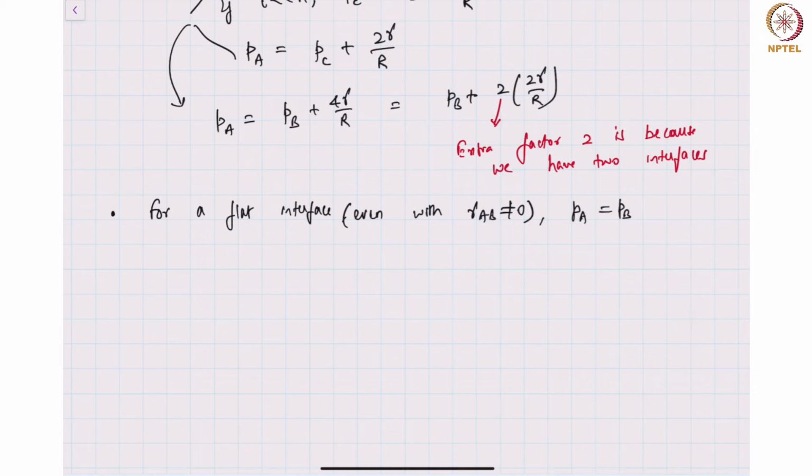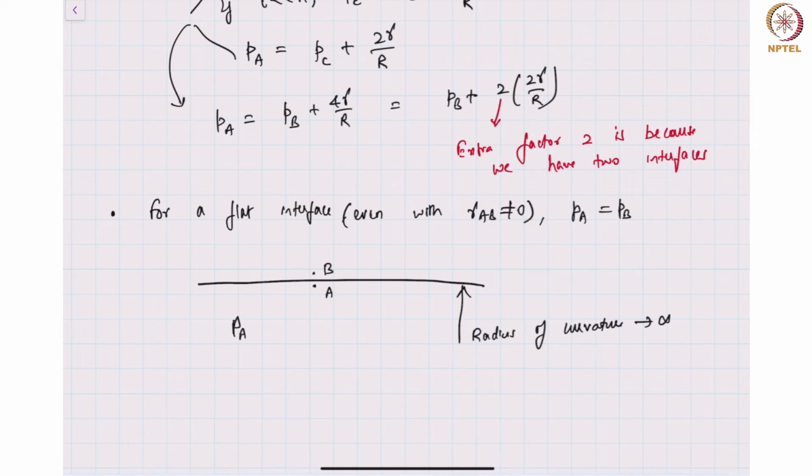Why do we have that? Because if you look at it here, a flat interface, the curvature of this flat interface, or the radius of curvature, goes to infinity, and therefore this term 2 gamma by R goes to 0. So for a flat interface, PA is equal to PB, if the interface is flat.